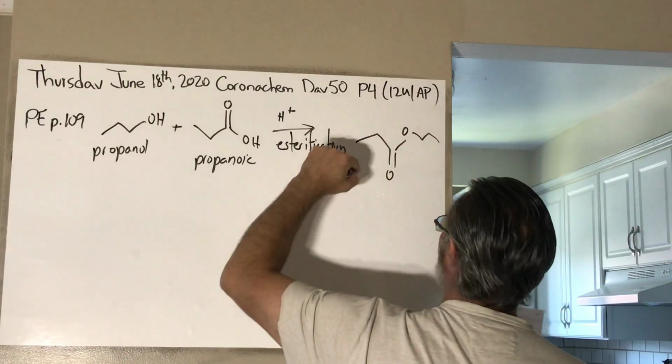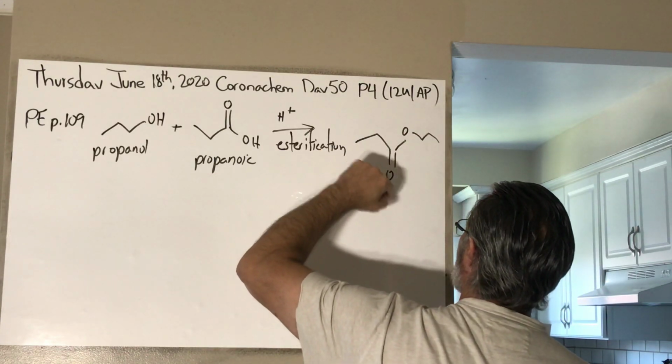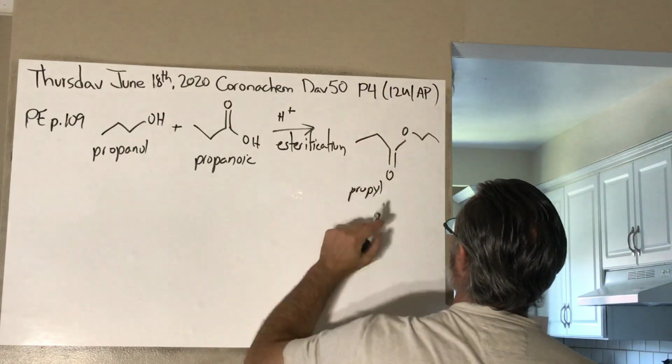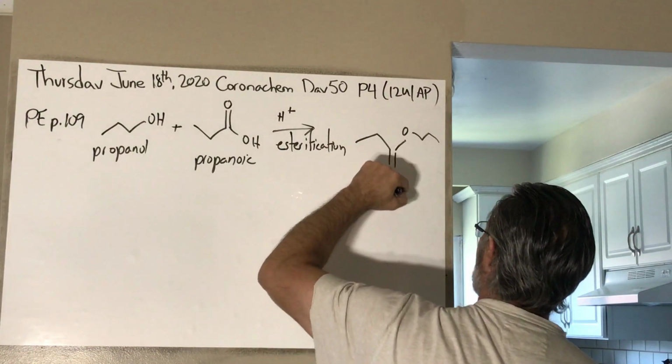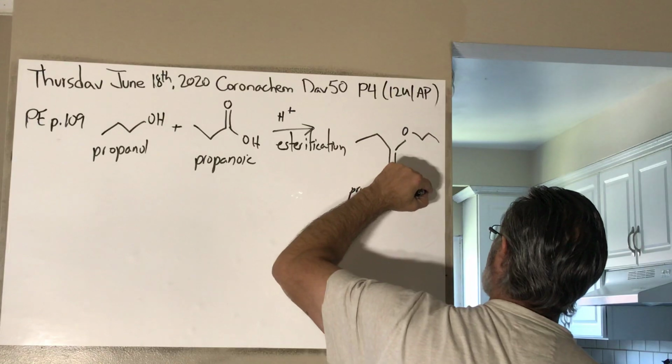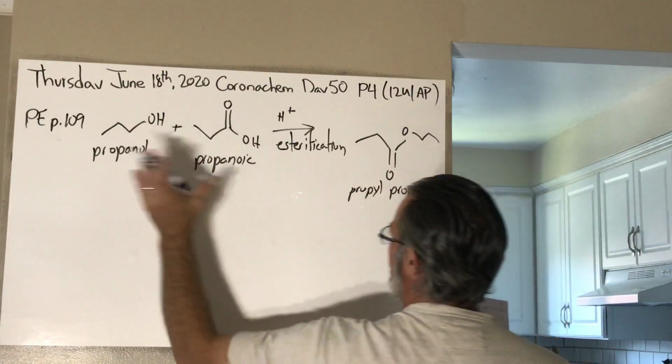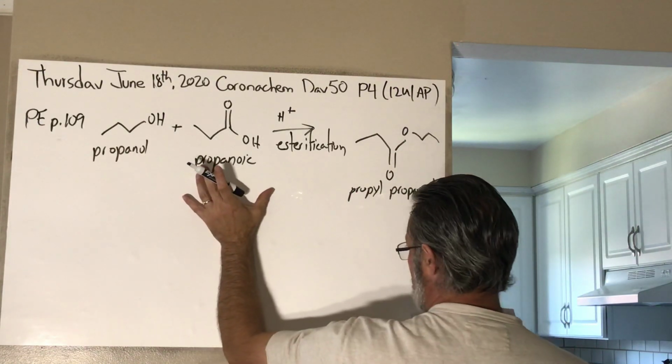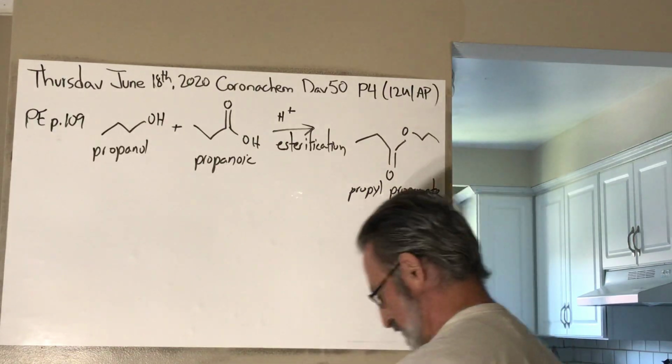This would be called propyl, because there are 1, 2, 3 carbons there, propanoate, because there are 3 carbons there. Propyl propanoate. And you can take any alcohol and any carboxylic acid and make the corresponding ester.